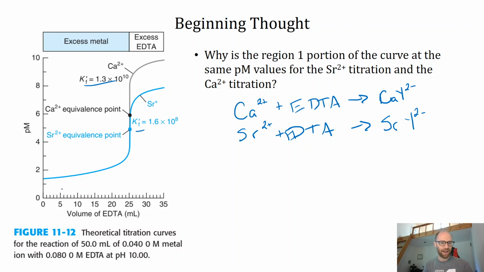So at 5 milliliters of EDTA, considering that the EDTA has the same concentration, if you're adding an equal number of moles of EDTA to an equal number of moles of metal, we're going to create an equal number of moles of complex, and the amount of remaining free metal will also be equal, and therefore the PM values should be the same.